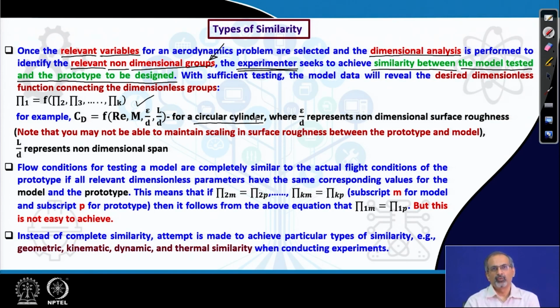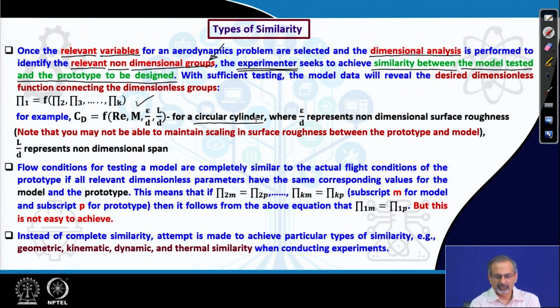And you want to apply the results on a prototype which has a similar section, but which could be much larger, and in an application where the working fluid could be different, there could be differences in velocities, temperatures, etc. And then you are trying to understand how well your test model results from the wind tunnel can apply on the prototype which will be finally designed.